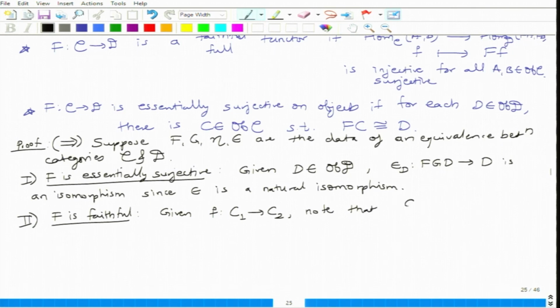we have a diagram: C1 to GF C1, then there is C2 to GF C2, and here is f and here is GFf. What are the horizontal maps here? What's the first one, C1 to GF C1?